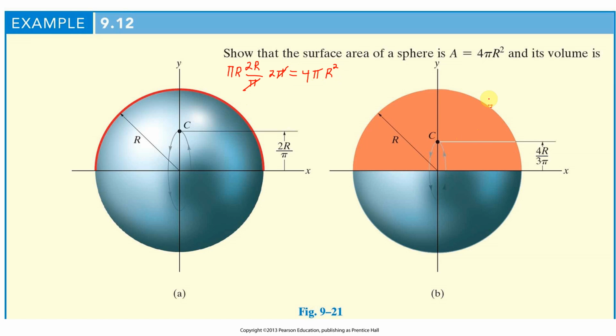Now the area here of the orange is going to equal 1/2 pi r squared because it's half of a circle. It's not a full circle.